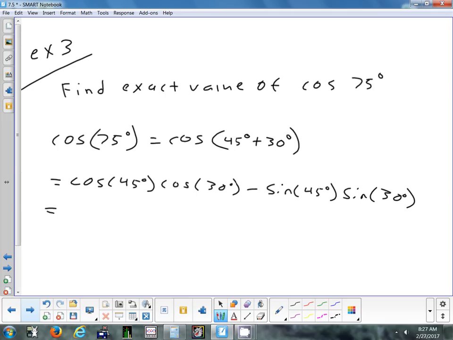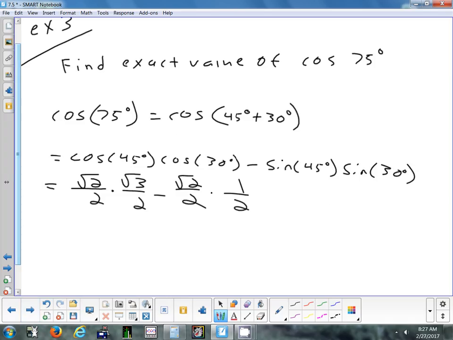What's cosine of 45? Square root 2 over 2. What's cosine 30? Square root 3 over 2. Sine 45? Square root 2 over 2. And sine of 30? 1/2.